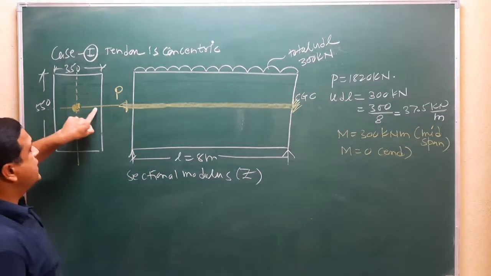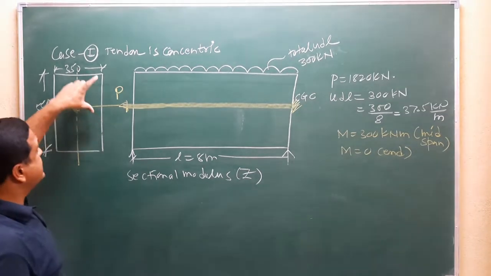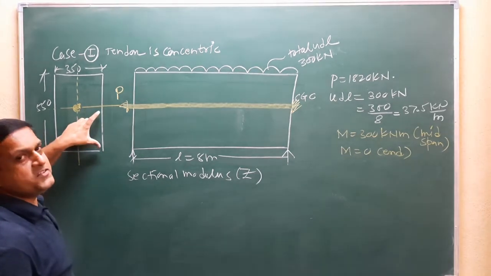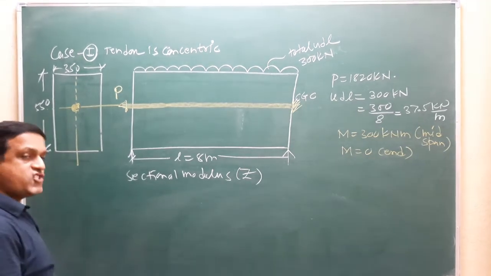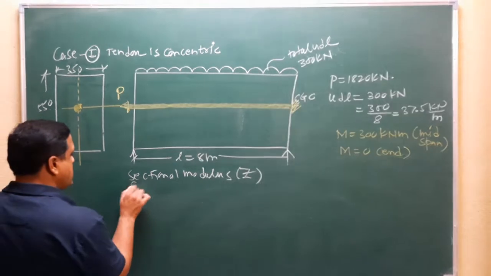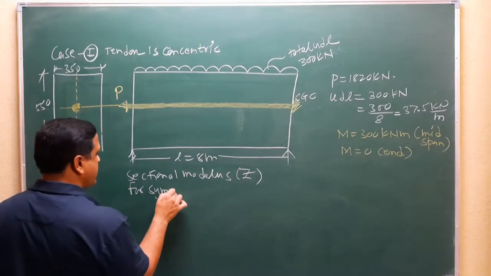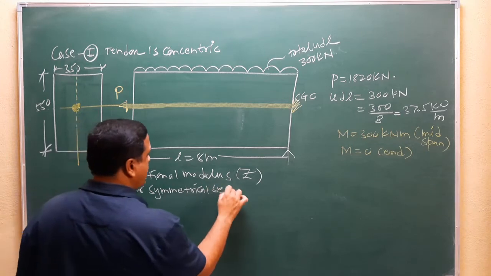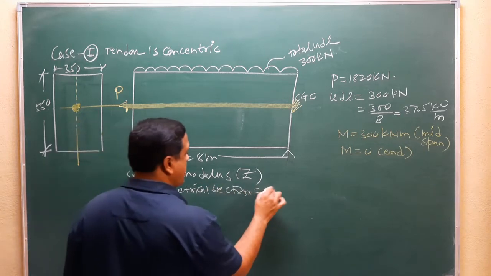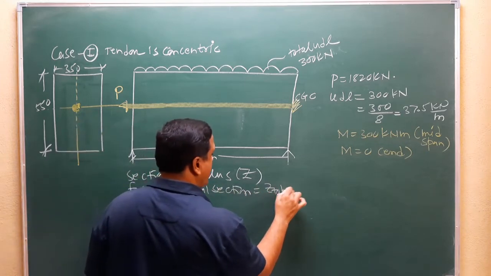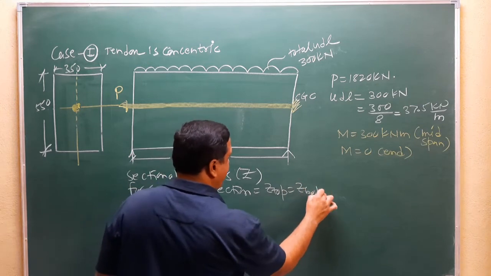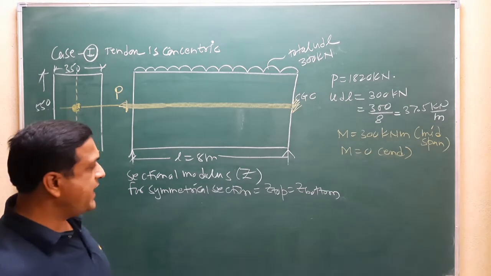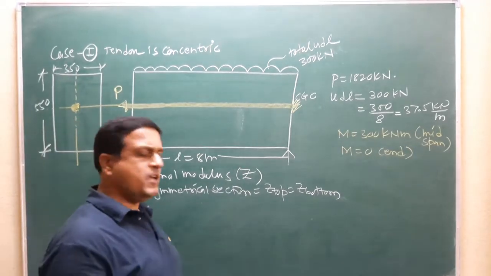Because the x-axis lies exactly at the center of this beam. For a symmetrical section, Z top and Z bottom are the same. Sectional modulus at top and at bottom is the same.